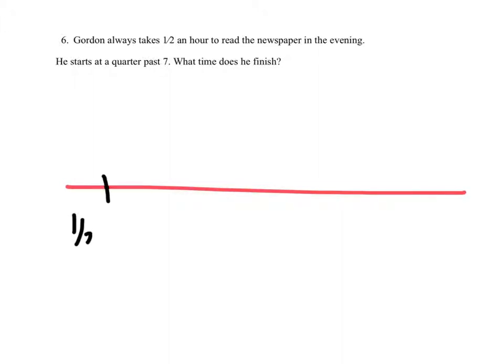Okay, our next problem. Gordon always takes half an hour to read the newspaper in the evening. He starts at 7:15. 7:15 is 15 minutes past 7.